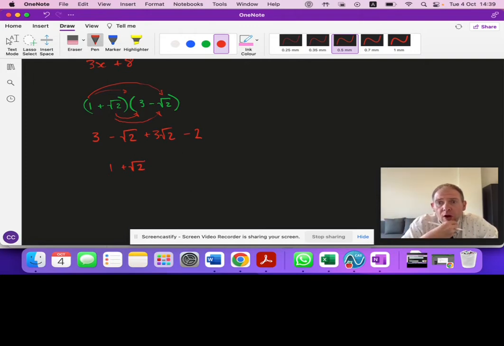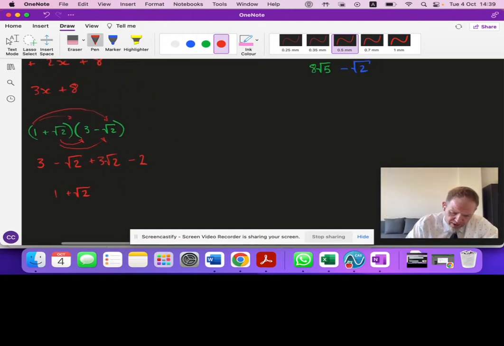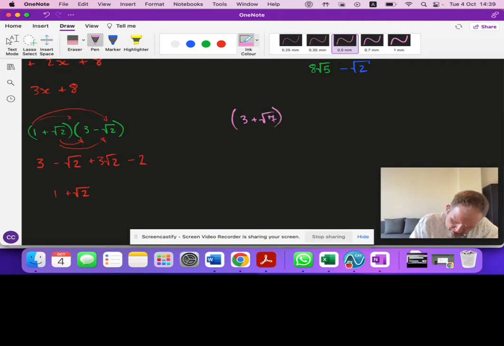Now, every single one of the rules that we've seen before works. If I take 3 plus the square root of 7 and I square it, that's a perfect squares expansion. That's going to be a squared plus 2ab plus b squared. That's what's going to happen every single time.